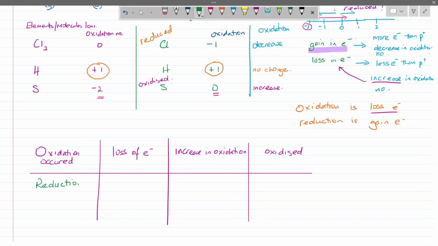So then the opposite happens for reduction. We have a gain of electrons. This results in a decrease in the oxidation number.